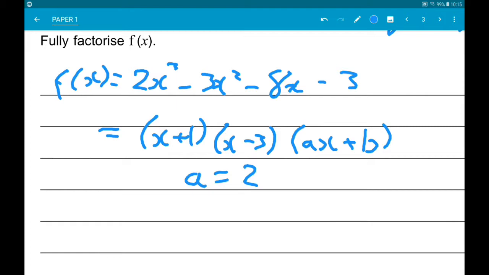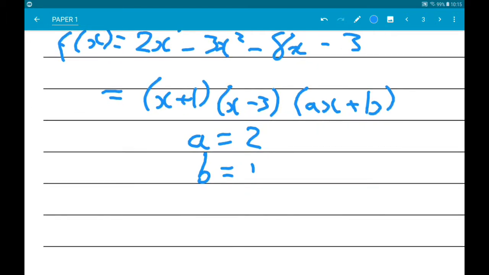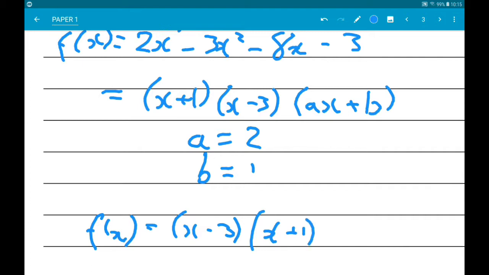So b is just 1. So, finally, f of x is equal to x minus 3 times x add 1 times 2x add 1.